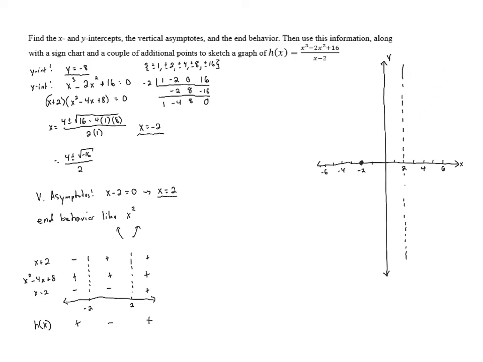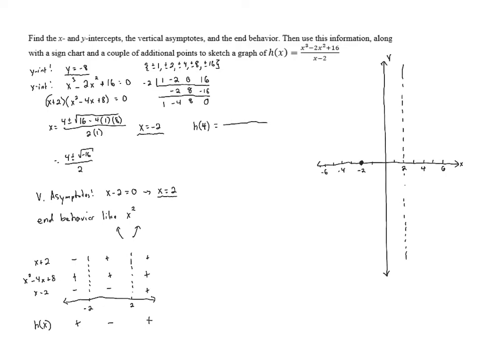So what I want to do is I want to actually plug in a function value. We could plug in, let's say 4, and figure out exactly where this graph is going to go. So let's evaluate h of 4.